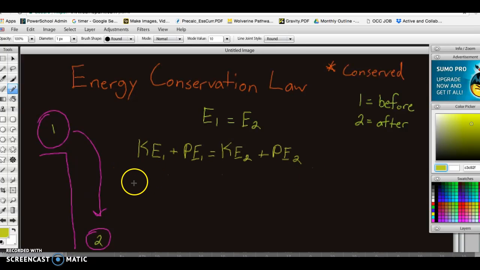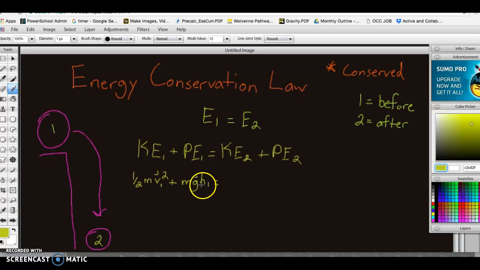So I know the equation for kinetic energy is 1/2 mv squared. Now this velocity is special because this is the velocity before. So I'm going to subscript it, or write a 1 there to represent the velocity before, plus mgh1. All right, because that's the equation for potential energy.